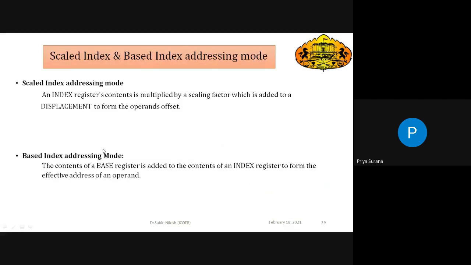Next, scale index addressing mode. First we will go through the definition. An index register's content is multiplied. As we already know, there is a scaling factor. That addressing mode, scale index addressing mode, requires a scaling factor. So an index register's contents are multiplied by the scaling factor, which is added to displacement to form the operand offset.